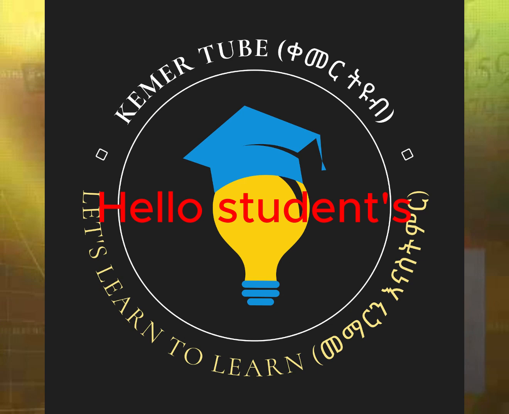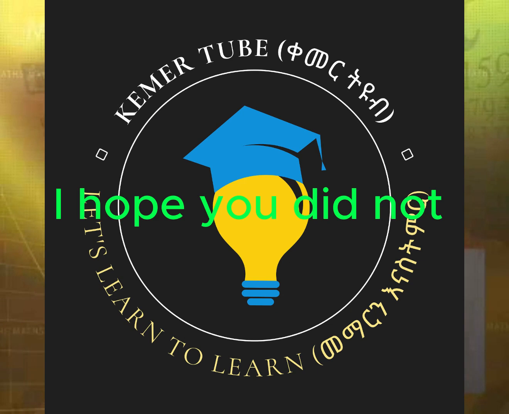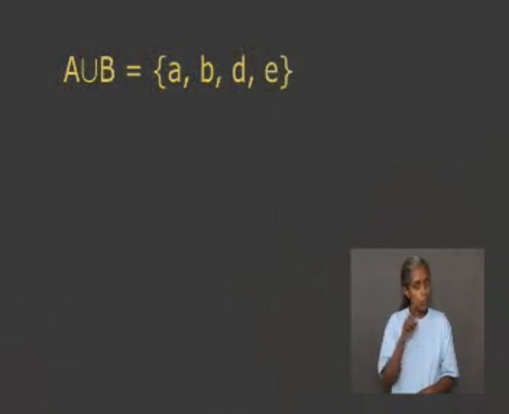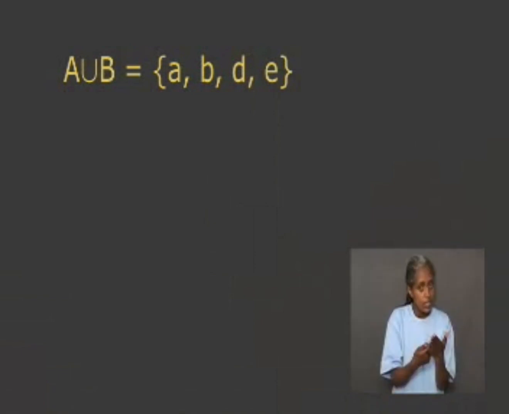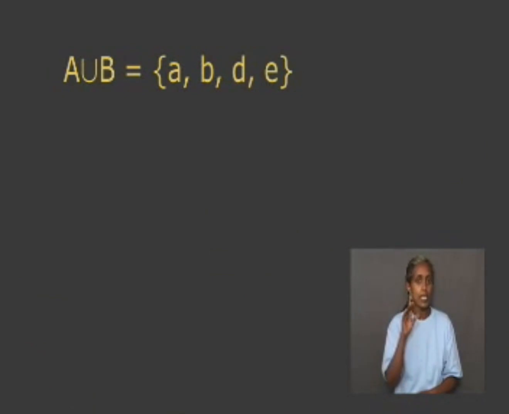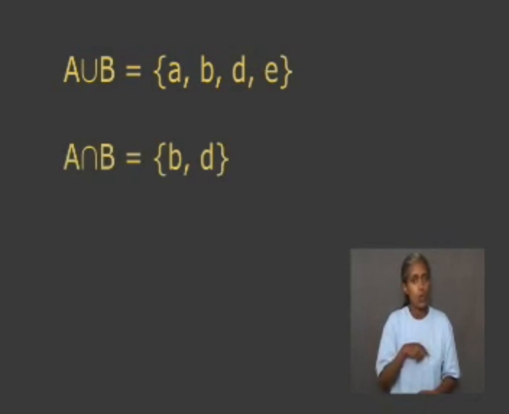Hello, students. I hope you did not find this activity too difficult. First, we must find the union of A and B. This is the set containing A, B, D, E. Next, we find the intersection of A and B. This is the set containing B, D, since those are the only two elements in common.